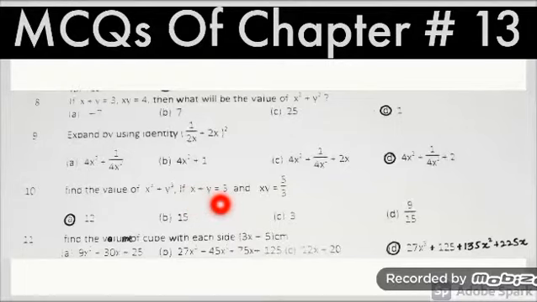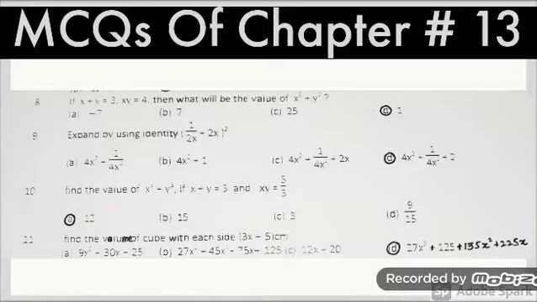After taking the cube, this will be equal to x cube plus y cube plus 3xy multiplied by (x plus y), and 3 cube will be equal to 27, and then we will put the values of x plus y and xy in the equation. After solving the equation, we will get the value of x cube plus y cube equal to 12.